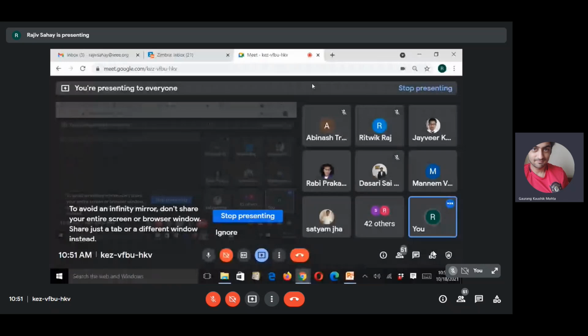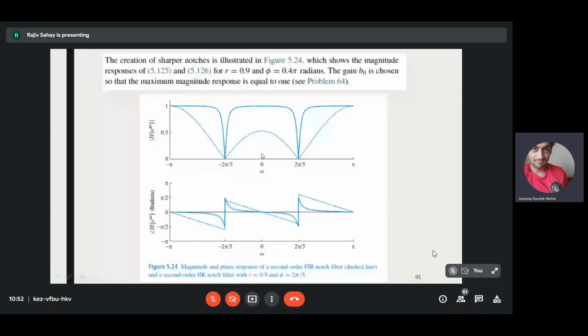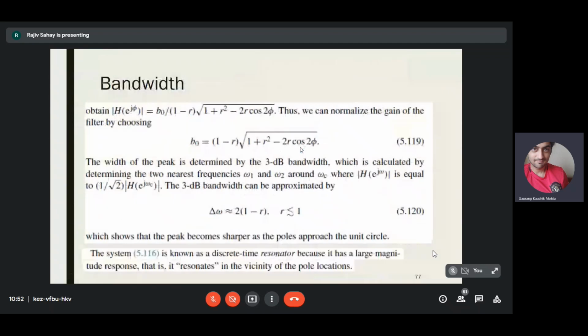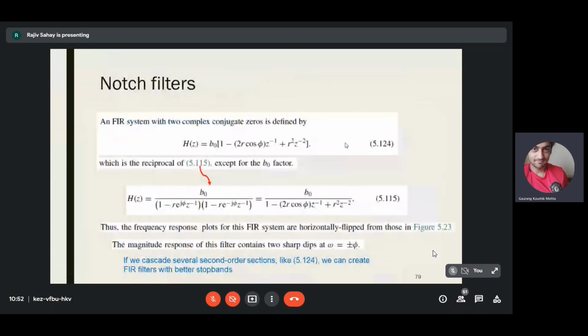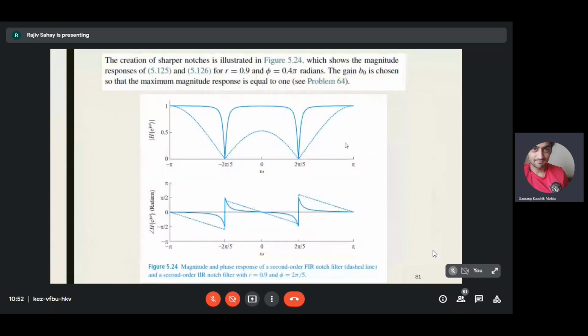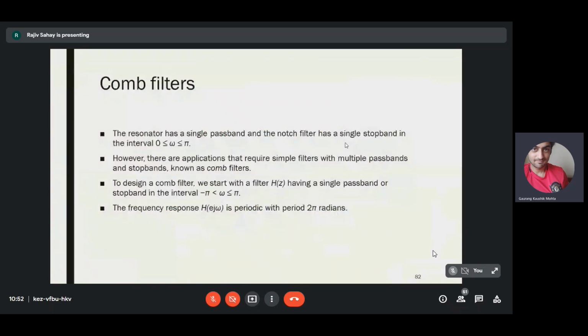So this resonator has a single pass band and the notch filter has a single stop band in the interval 0 to pi, right? So we have seen the magnitude response. Sometimes we want multiple stop bands and multiple pass bands in the frequency region.